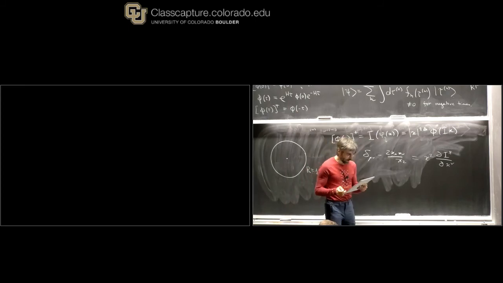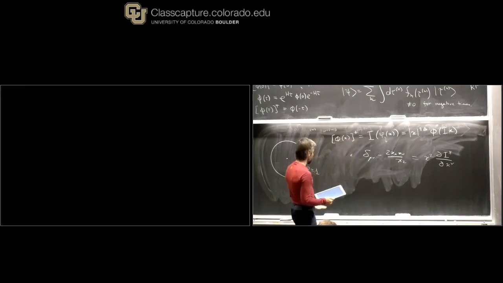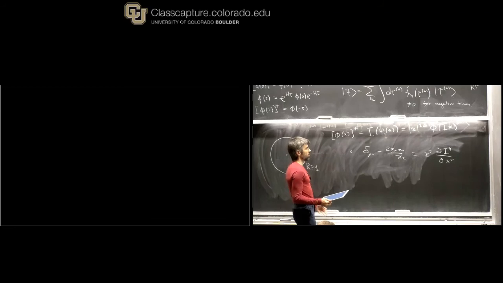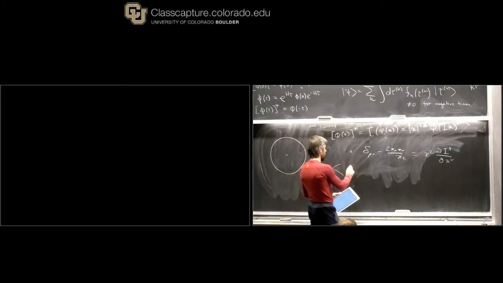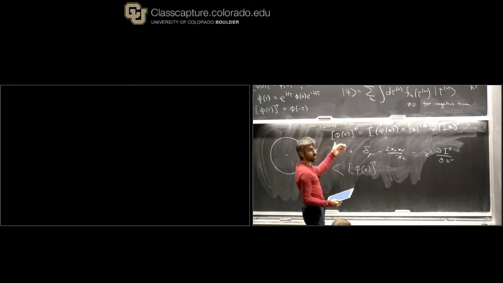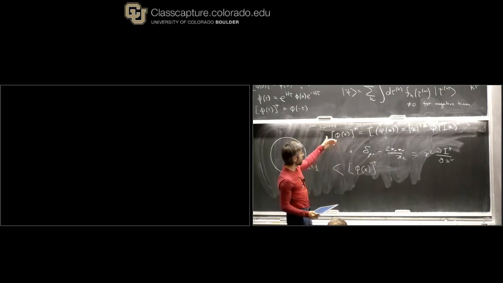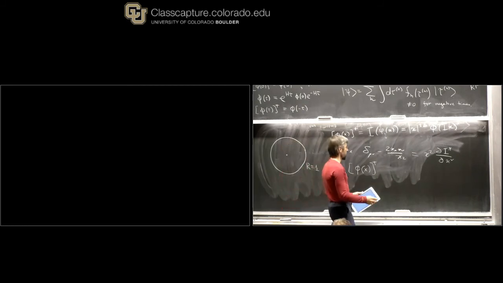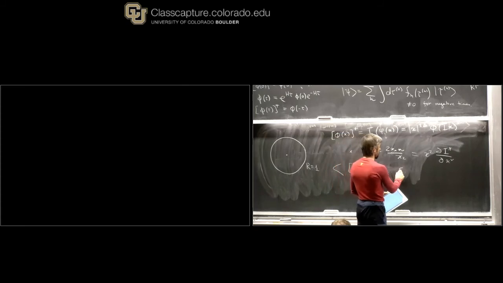That's what we normally do, and for this to make sense, I have to argue that my theory with this notion of Hermitian conjugation satisfies reflection positivity.